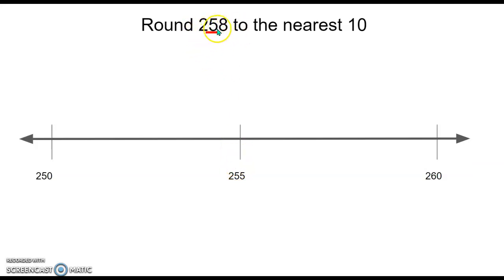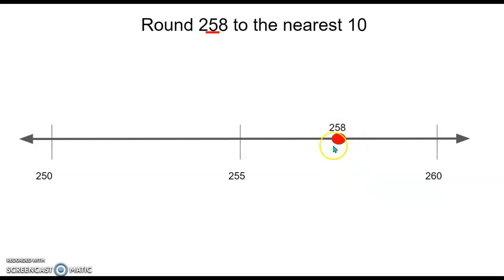So I know that 258 is greater than 250. I also know it's greater than 255, and I know it's less than 260. So knowing that, I know it's going to go somewhere in this part of my number line. So for 258, it's going to go somewhere around here. So I'm going to plot it with a dot, and then I'm going to put my number on the number line.